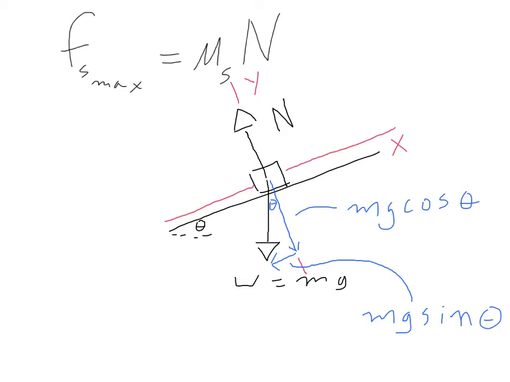In chapter 6, for every vector component resolution problem, you have to look where theta is, and that's going to determine whether it's going to be mg sine theta or mg cosine theta. It's totally legitimate to have mg cosine theta along a y-axis and mg sine theta along the x-axis, even though it almost never was that way in chapter 4. That's totally fine in chapter 6, and it just depends on where this angle theta is.